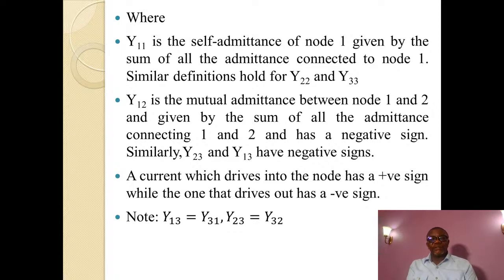Similarly, Y23 and Y13 have negative signs. A current which drives into the node has a positive sign, while the one that drives out has a negative sign. Note usually that Y13 will be equal to Y31 and Y23 will be equal to Y32.